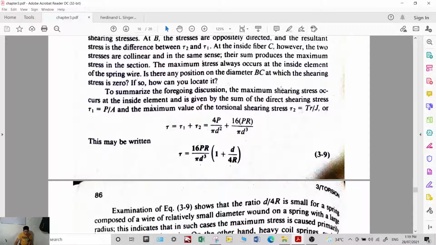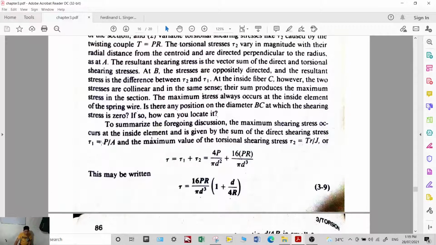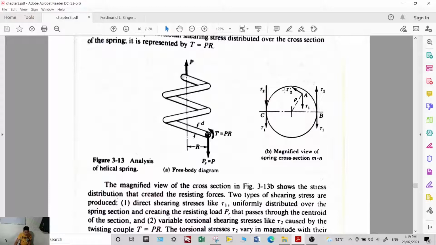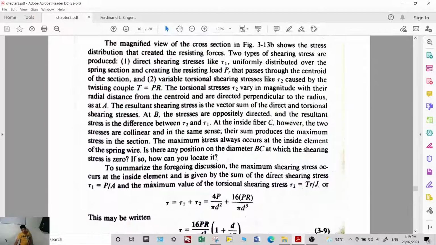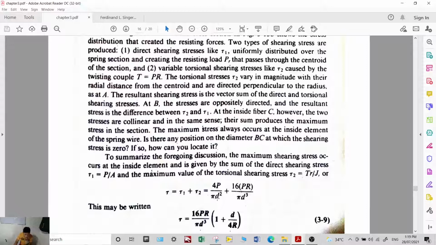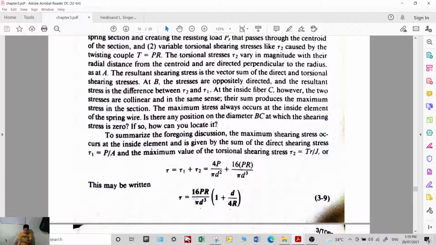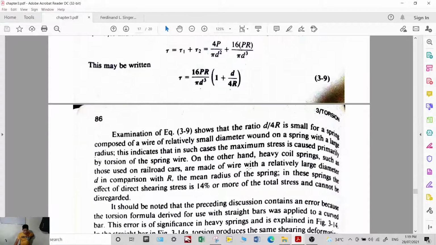Tau 1 is the direct shearing stress, which is just P over A, plus tau 2, the torsional shearing stress, which is torque times R over J. Substituting, we have this equation: the total shearing stress is 16PR over pi d cubed times (1 plus d over 4R).